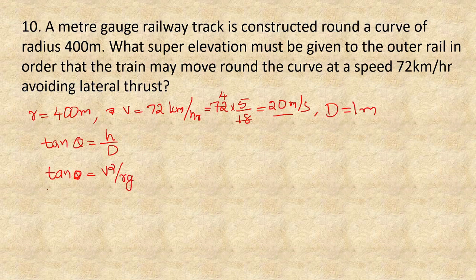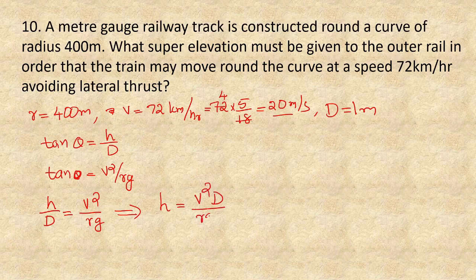Let us equate this one. h by d is equal to v square by rg. From that, the super elevation h is equal to v square d by rg. Okay, so that is the formula that we have to use in this situation. So let us substitute the values.